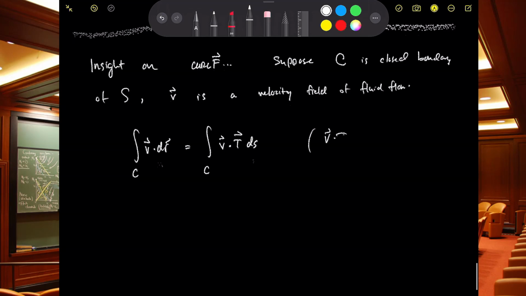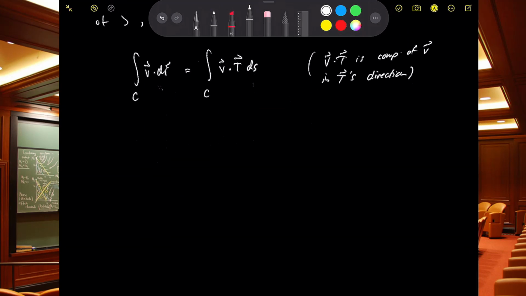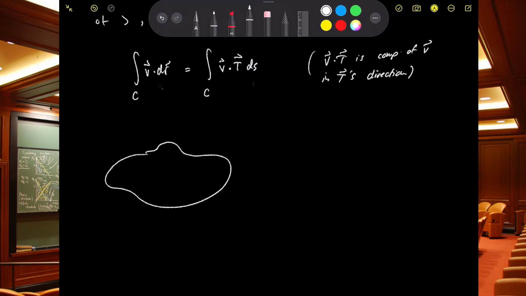Remember that V dot T is the component of V in the direction of T, the tangent vector along the curve. So if we look at what that means geometrically, moving along this curve here on the boundary, which we'll call C, let's say I've got some point here and the fluid flow is telling me to go in this direction.